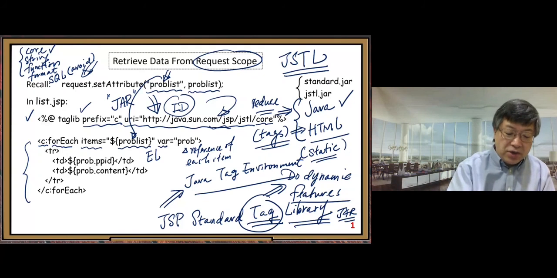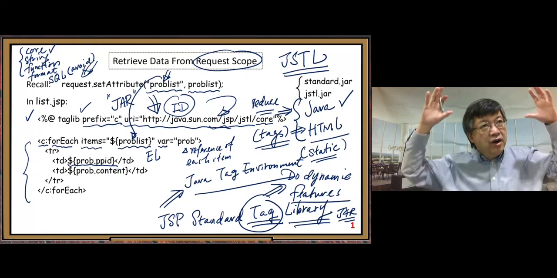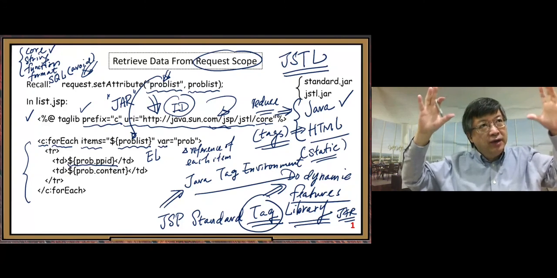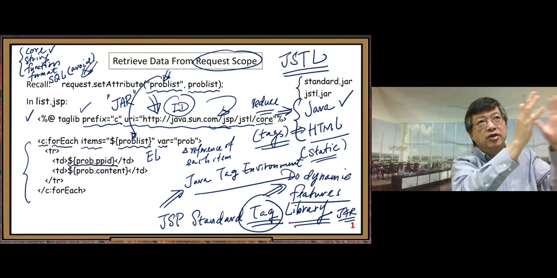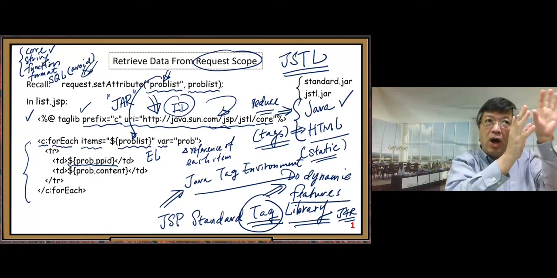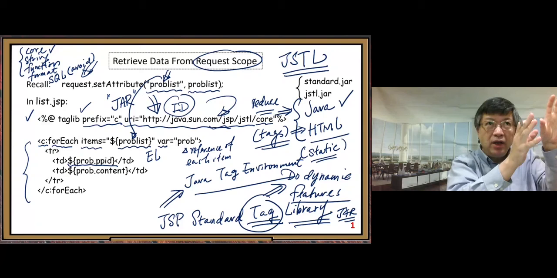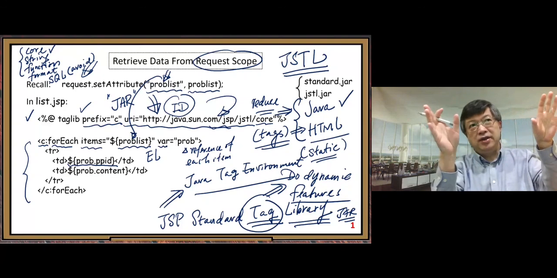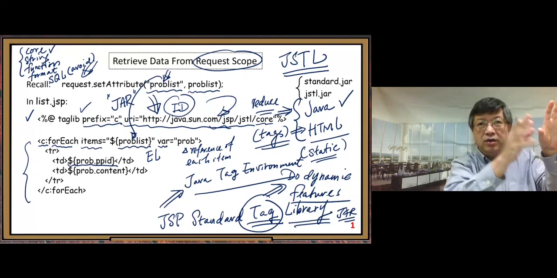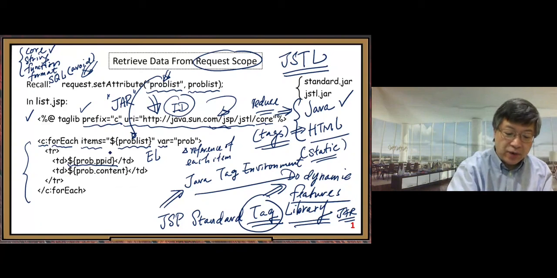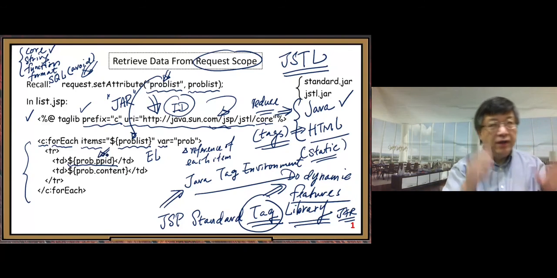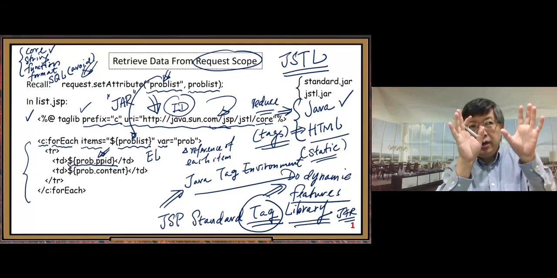Now you use this EL expression, dollar curly braces. For each item, you have a reference prob. That prob Java bean has a property called PPID. So you use the dot operator to refer to that PPID property, and you retrieve that property right here.